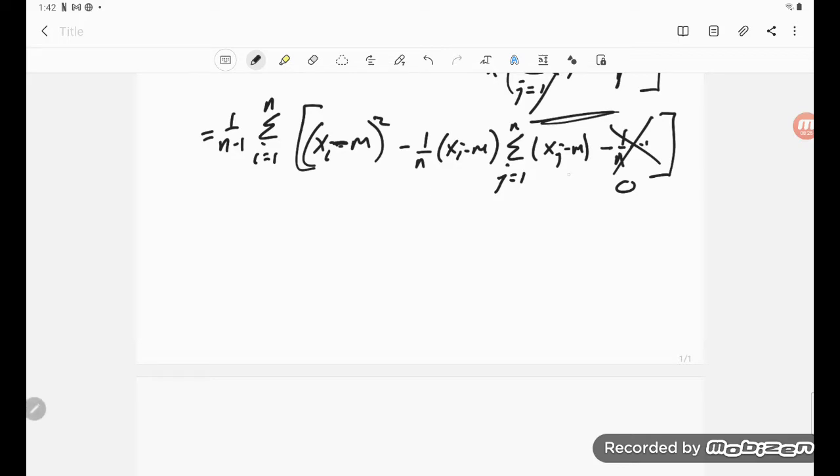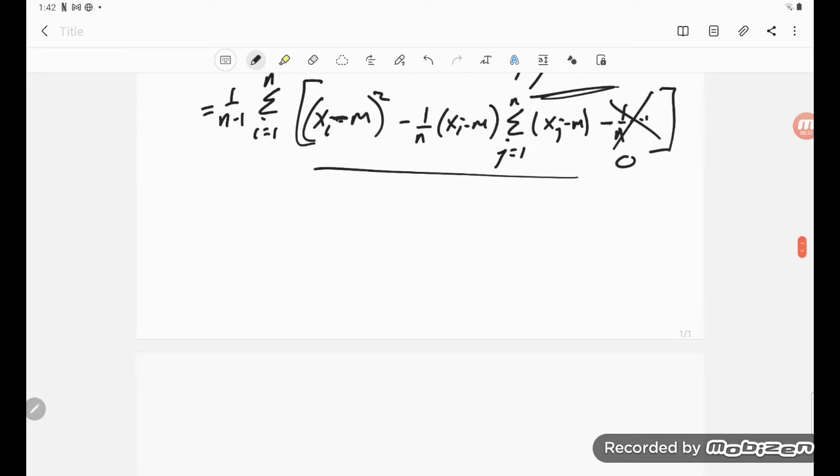So now we're left with this business here. And in this case, I've got a 1 over n minus 1, and I have the sum i equals 1 to n of xi minus m squared.